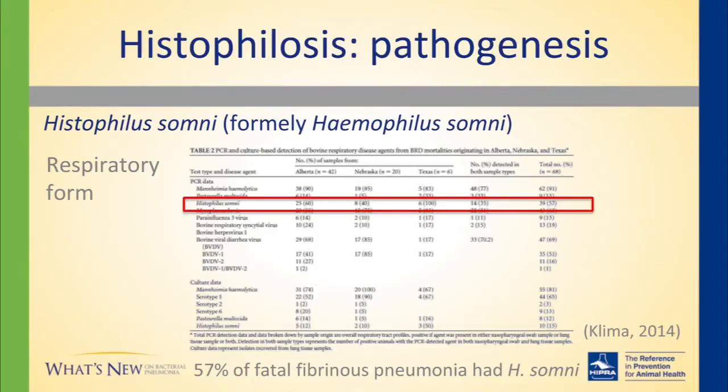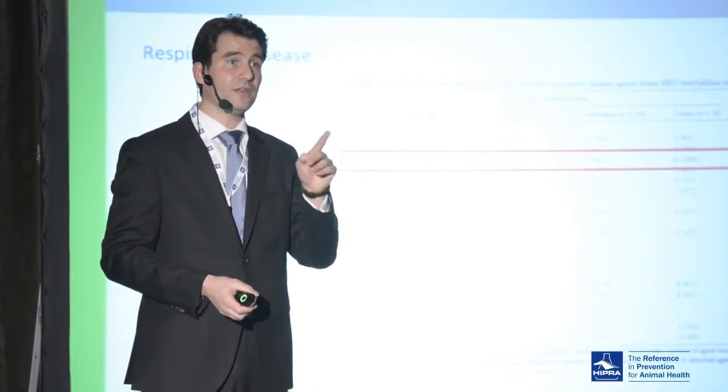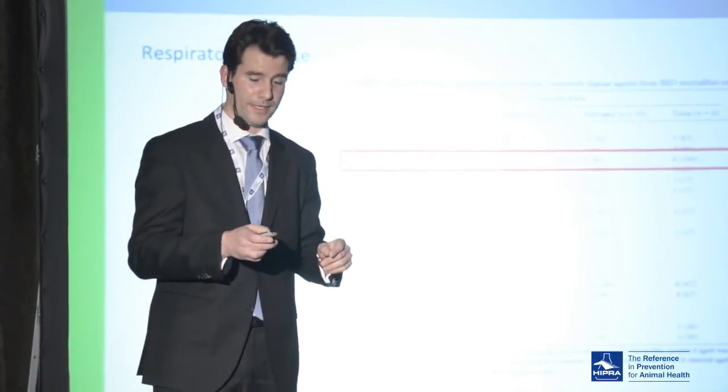What they did observe is more than 90% of those lungs had Mannheimia hemolytica detected by PCR. But also, if you look at this line, which represents H. somni, we do have 57% of the lungs that were also positive for H. somni, which means that H. somni is prevalent in the BRD complex or the shipping fever complex.